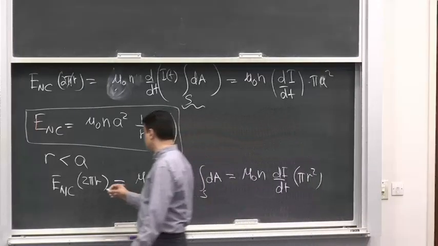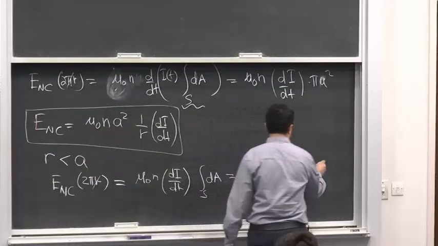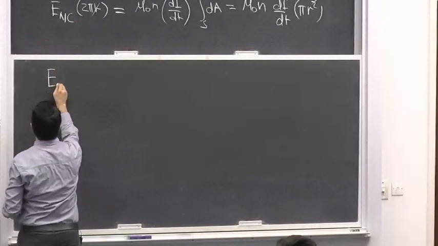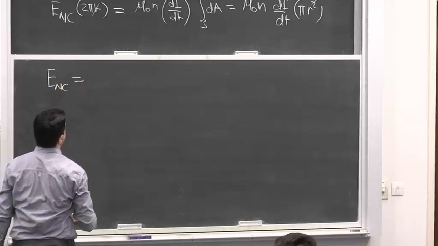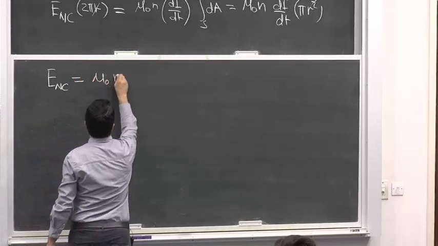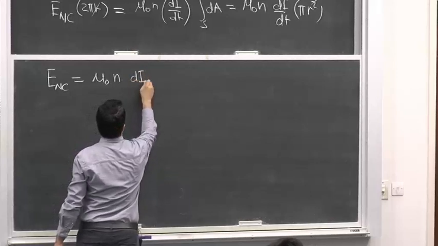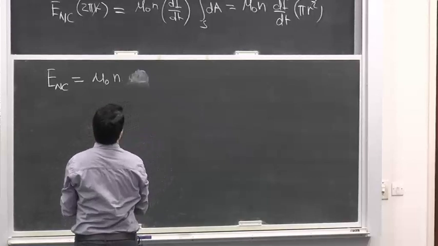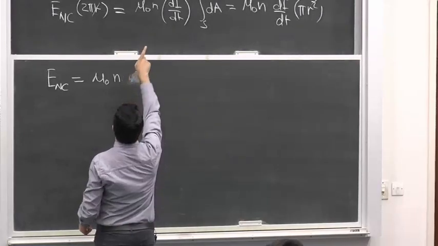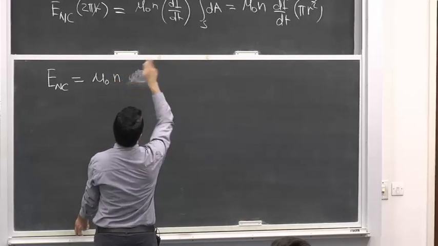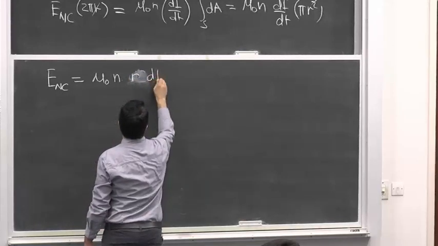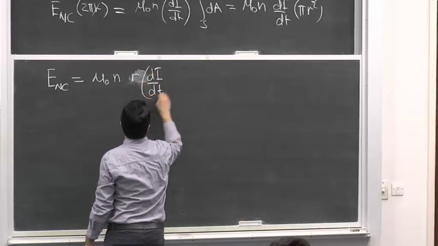So you can write this as equal to mu naught n di by dt of pi r squared. Pi cancels out, so you would have mu naught n into r di by dt over 2.